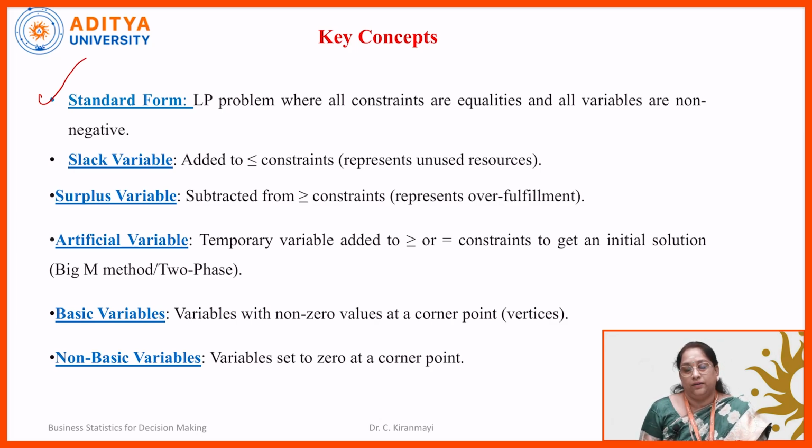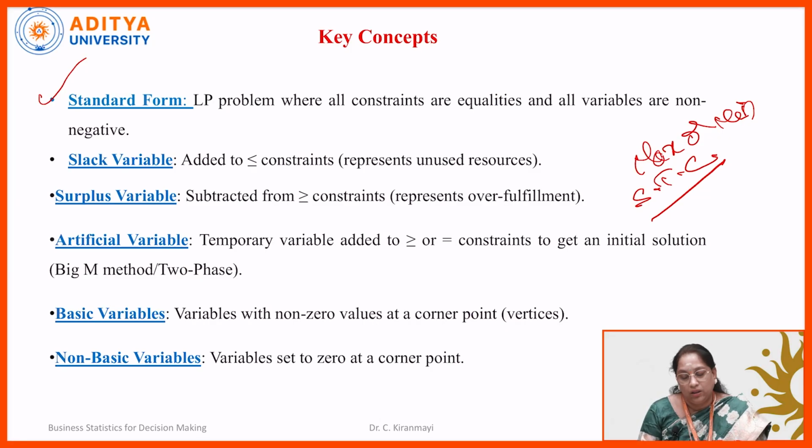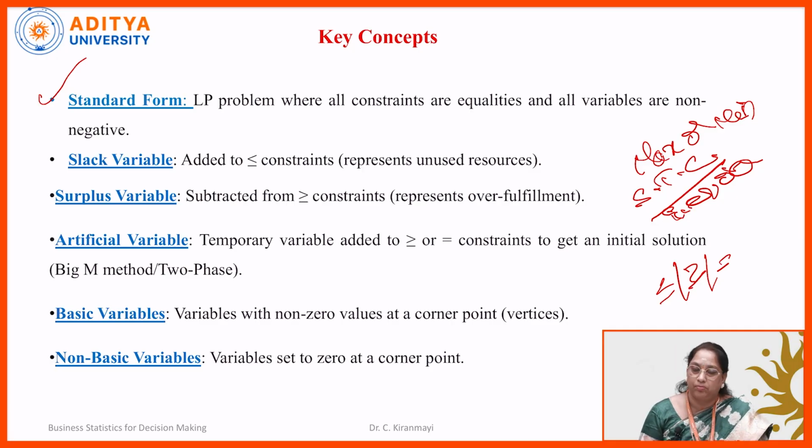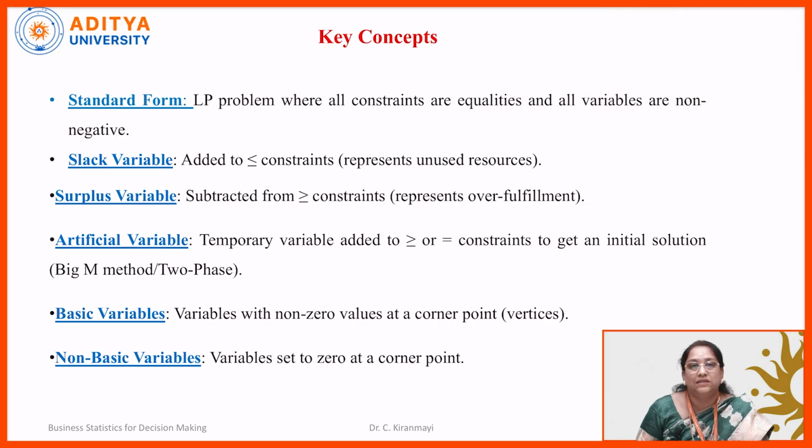Initially the linear programming problem will be in the form of either a maximization or minimization model, subject to constraints, and all the constraints are going to be inequalities or equalities, that is, in the form of less than or equal to, greater than or equal to, or equal to, or sometimes linear programming problems may also have mixed constraints. So, this given problem we have to transform into standard form.